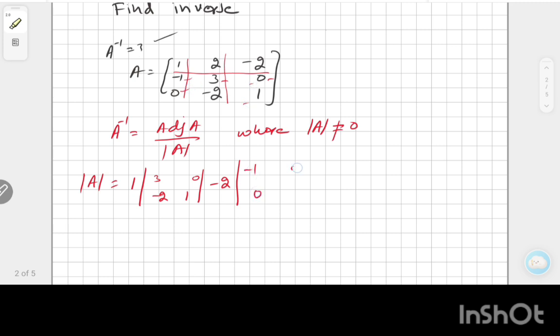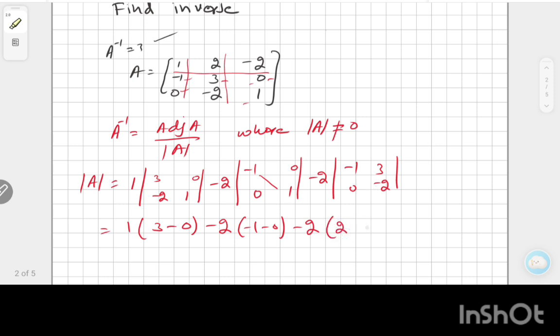Next we have minus 2, so in a similar pattern we ignore this one and this one, and get minus 1 0 3 minus 2. So 3 ones are 3, minus 2s are 0, minus 2, 1 ones are minus 1, 0 minus 0, minus 2, minus 1, minus 2.